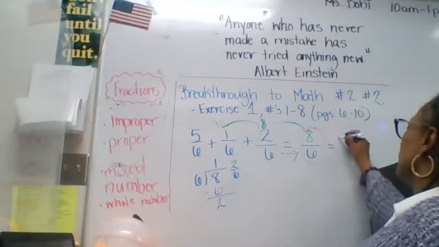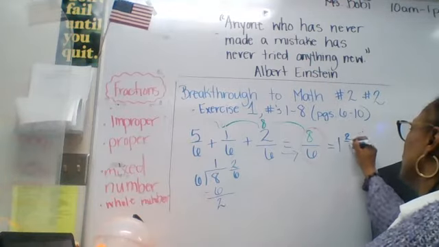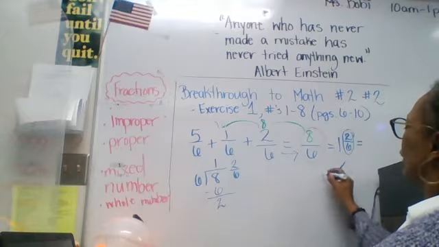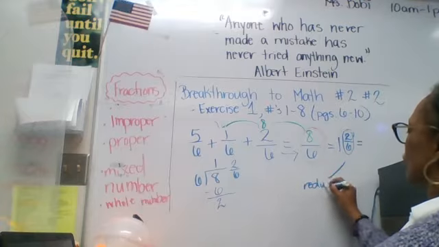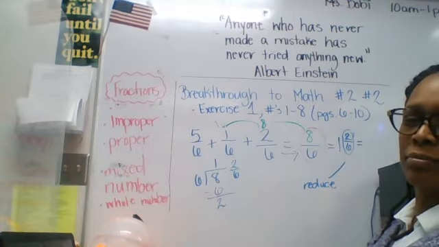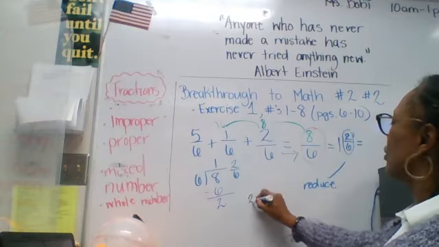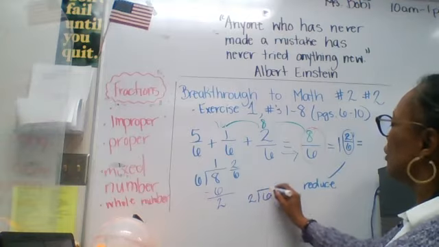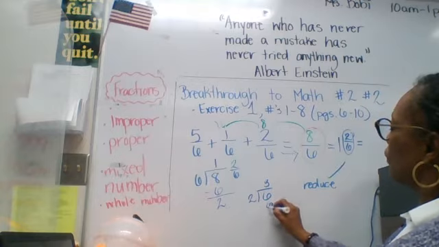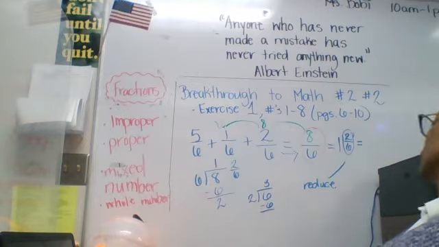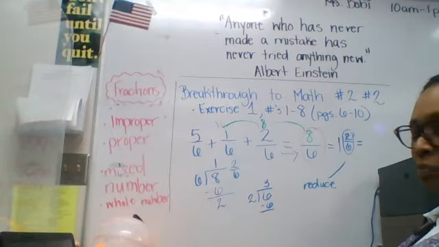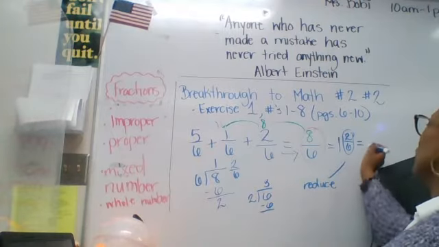So this first step is 1 and 2 sixths. But then we have to do something here, reduce, right? Because we know that 2 goes into 6 evenly. So 2 divided by 6 is what? There we go. There's that 3. But we have to do what with it?